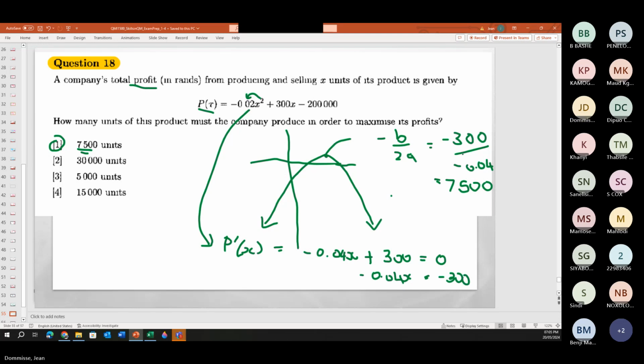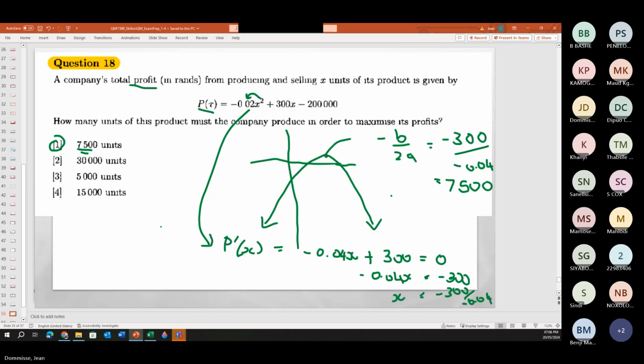And look at what we're getting, exactly the same. X is minus 300 divided by minus 0.04. Okay, so to work out that turning point with minus b over 2a is exactly the same as saying, well, let's differentiate that formula and we get the answer. So either way you could have worked out that question.